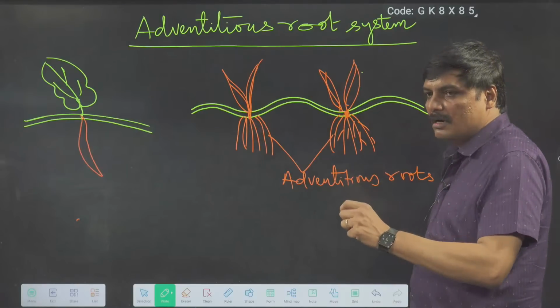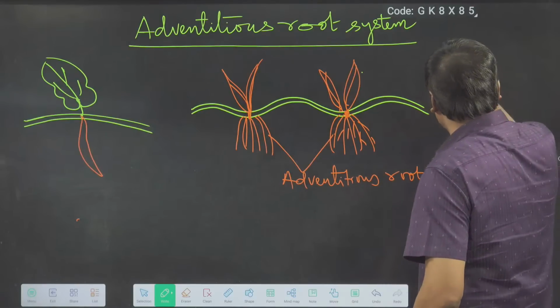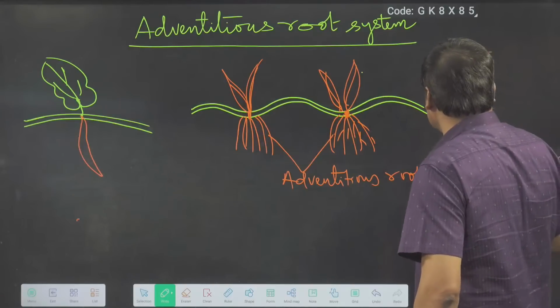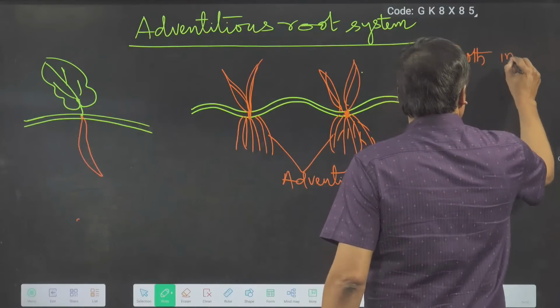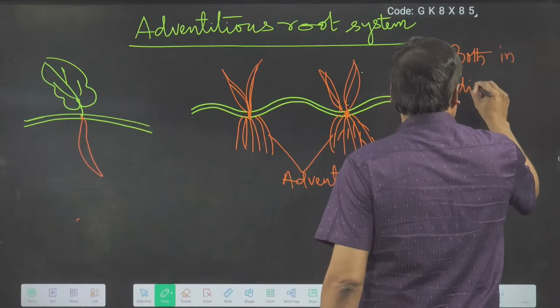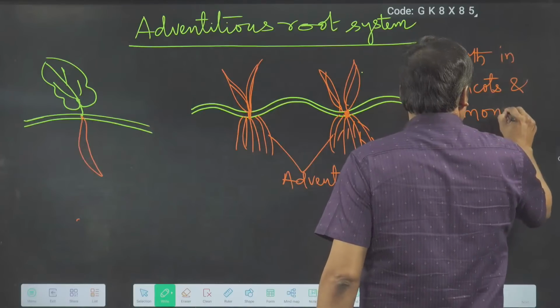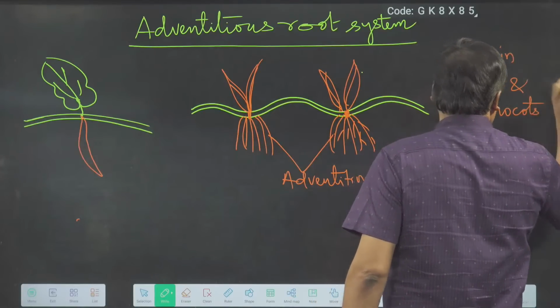These are present in both dicot plants and monocot plants. Both in dicots and monocots. Understood?